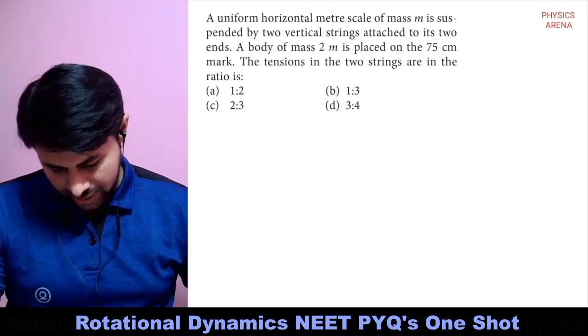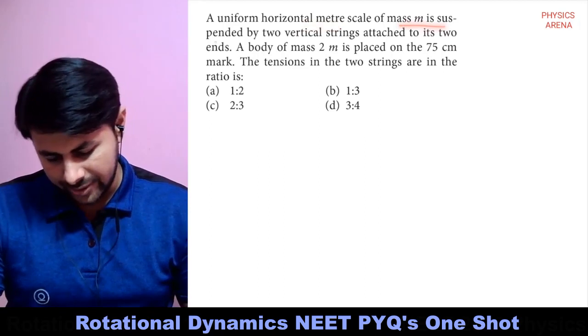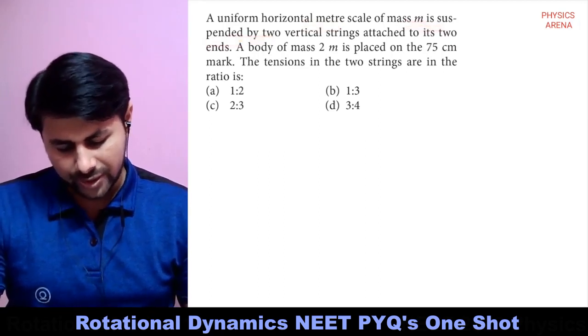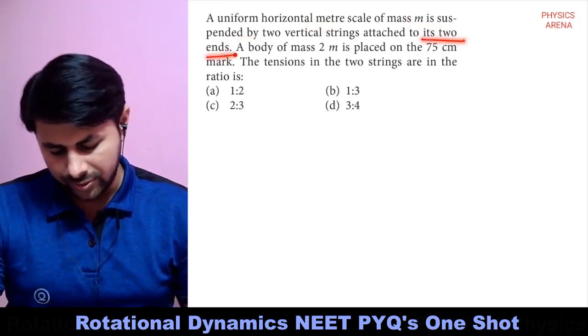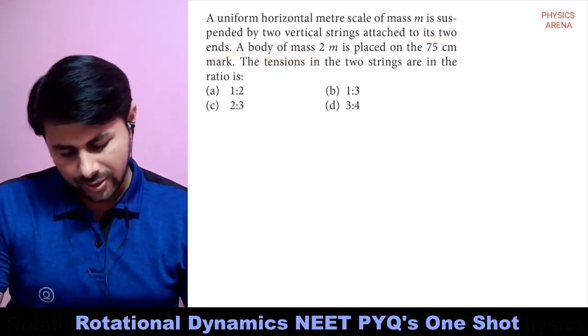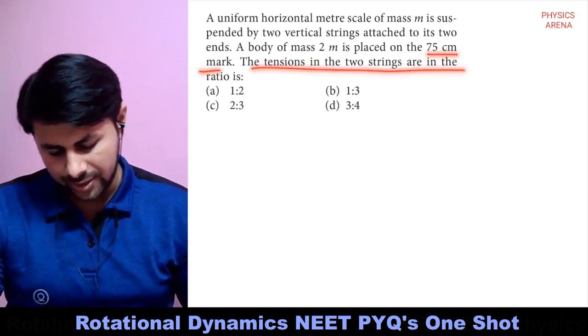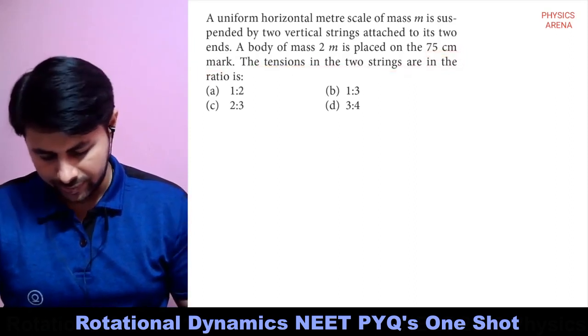A uniform horizontal meter scale of mass m is suspended by two vertical strings attached to its two ends. A body of mass 2m is placed on the 75 centimeter mark. The tensions in the two strings are in the ratio of.